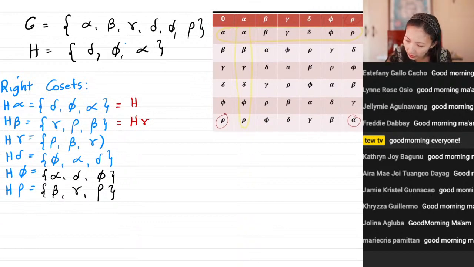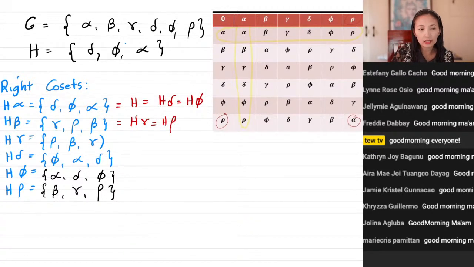And even H delta is equal to H phi. And H beta is equal to H gamma, and is also equal to H rho. So these are the right cosets.